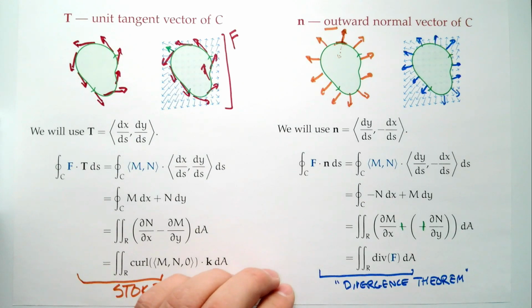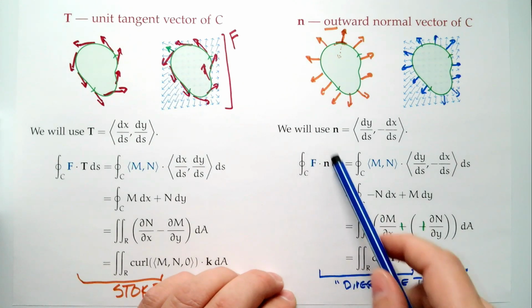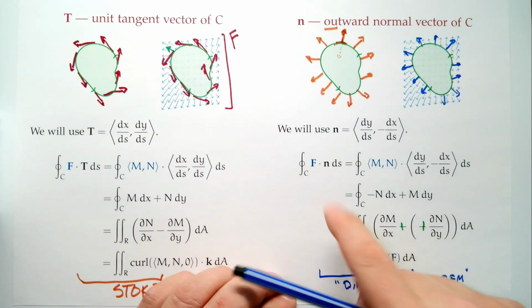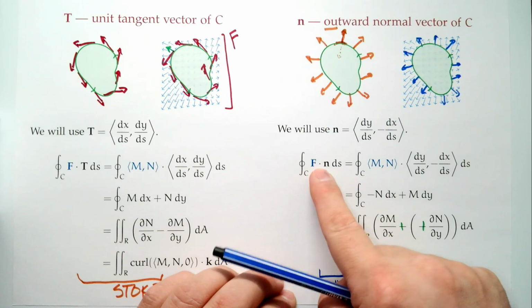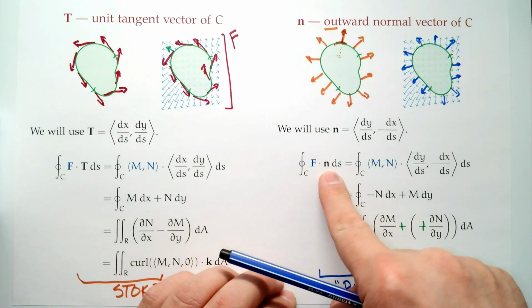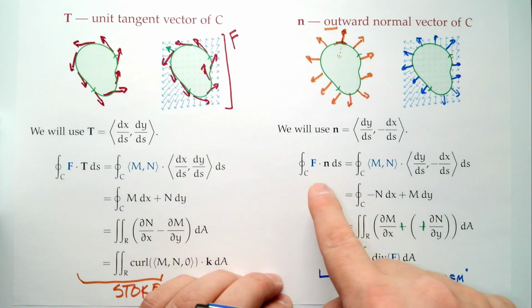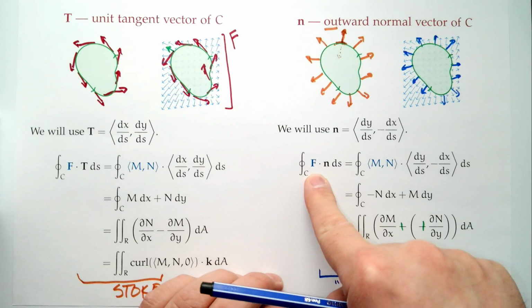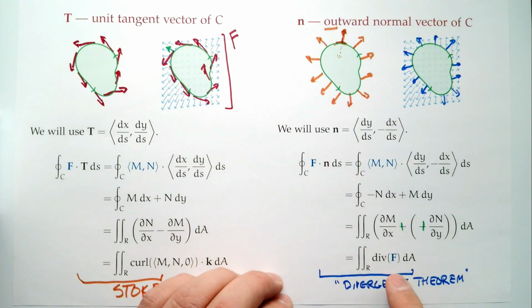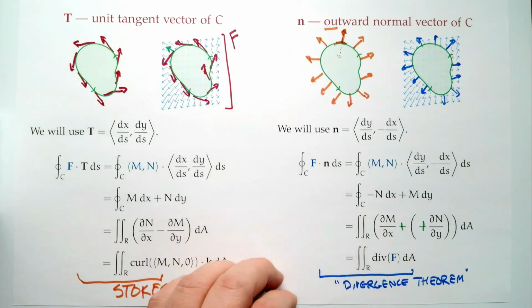To figure that out, at every point I look at this amount, F dot n. That's the rate of flow at a particular point, and the length gives us the amount of flow at a particular point, and we add it up. So the conclusion is that our flow through the boundary is found by integrating the divergence over the region.